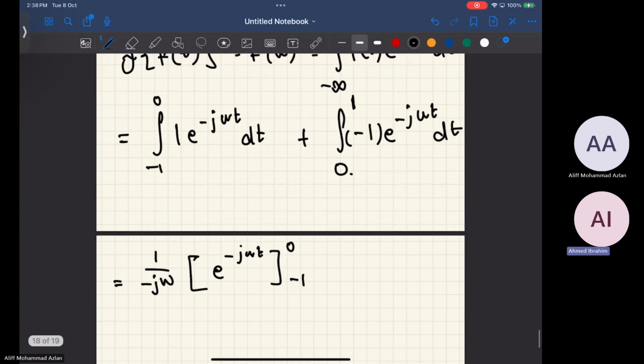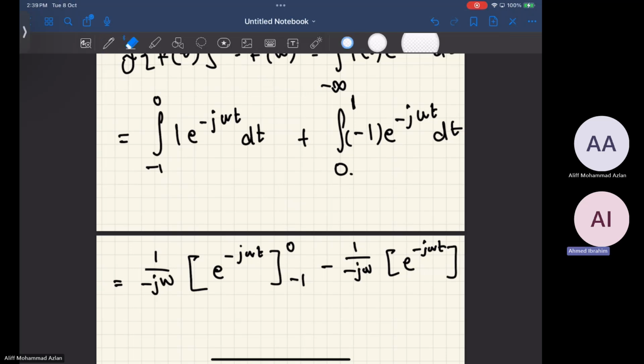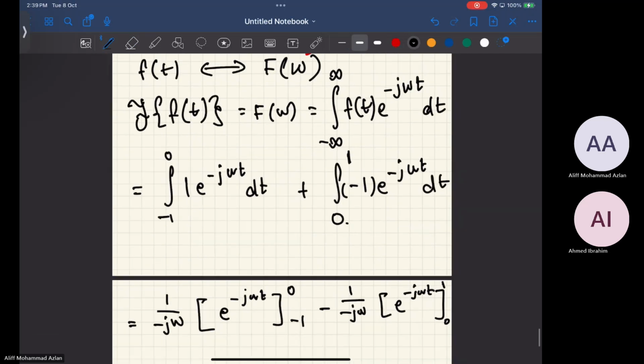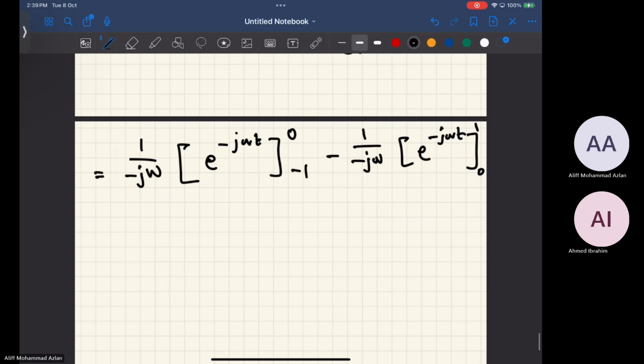And similarly, we're going to have minus 1 on minus j omega, e to the minus j omega t, from 1 to 0. I'm going to factorize the 1 on minus j omega. And now that gives us, just substitute.